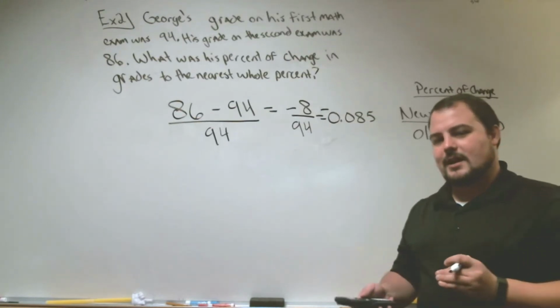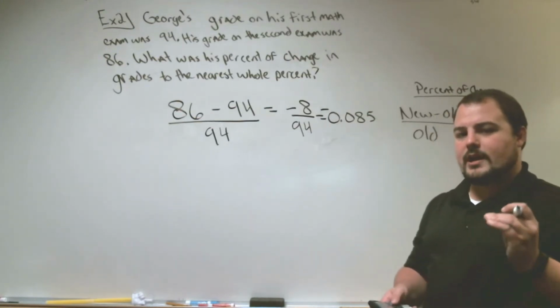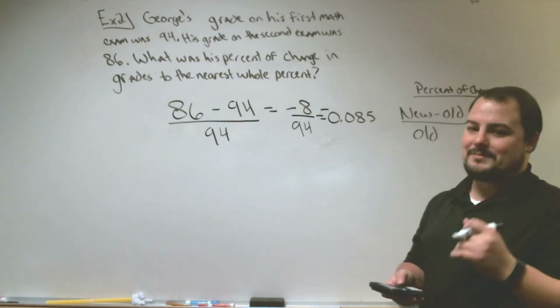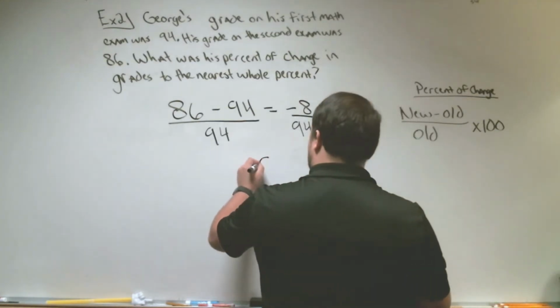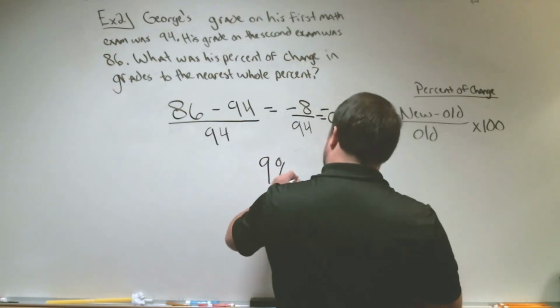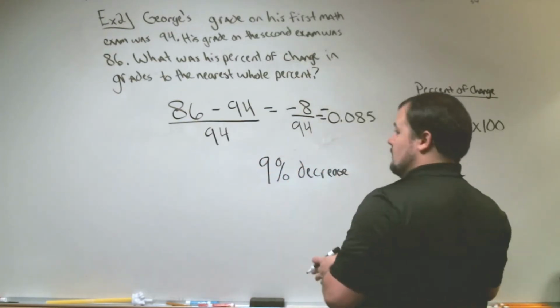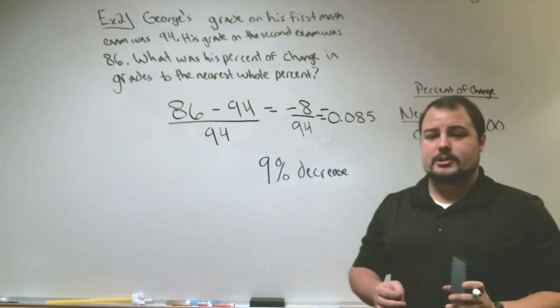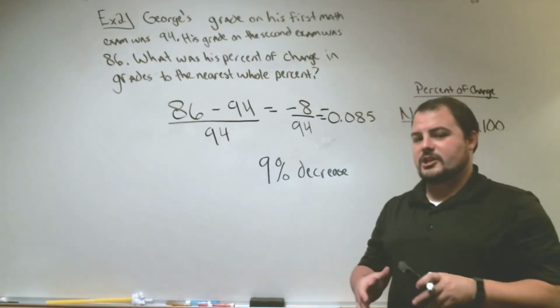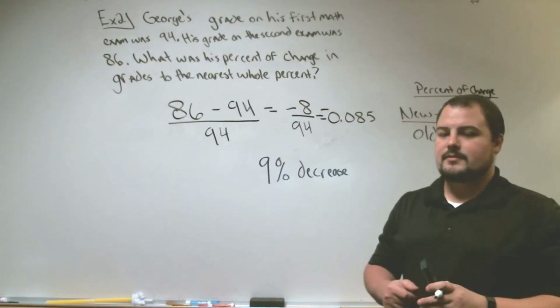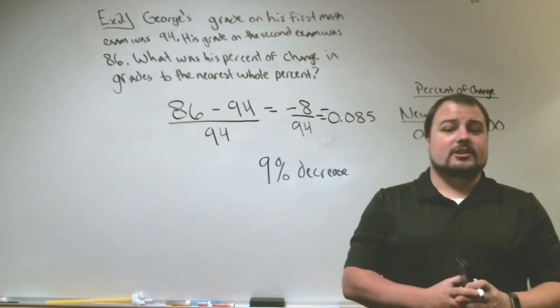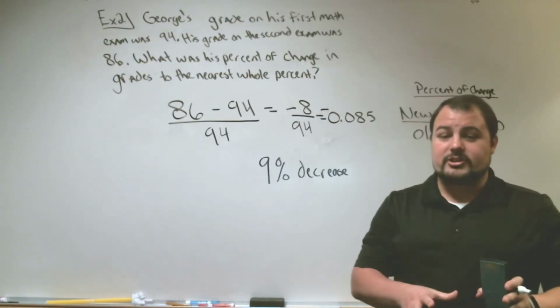If we're supposed to round to the nearest whole percent, we're going to round that 8.5 up to 9. So he had a 9% decrease overall. That's his percent of change. His score changed by about 9% in decrease. So that's our answer to this problem. All right, so we looked at some word problems.